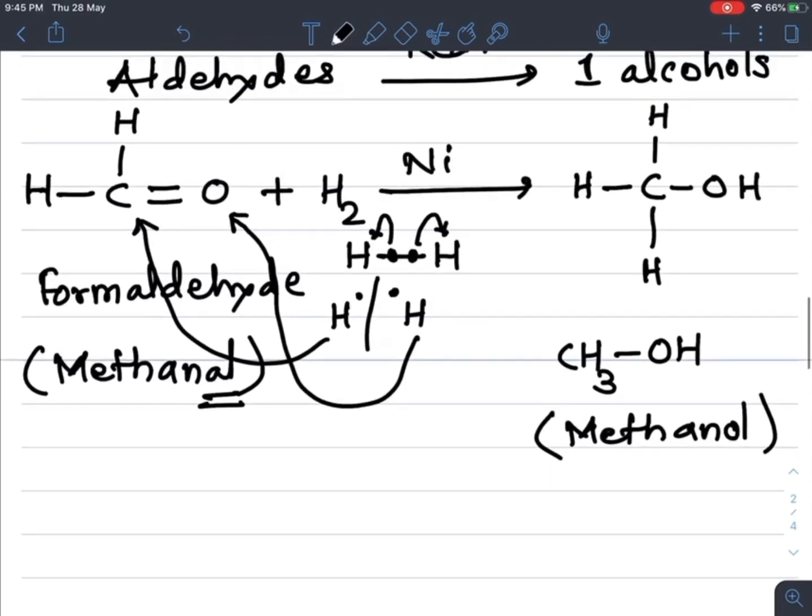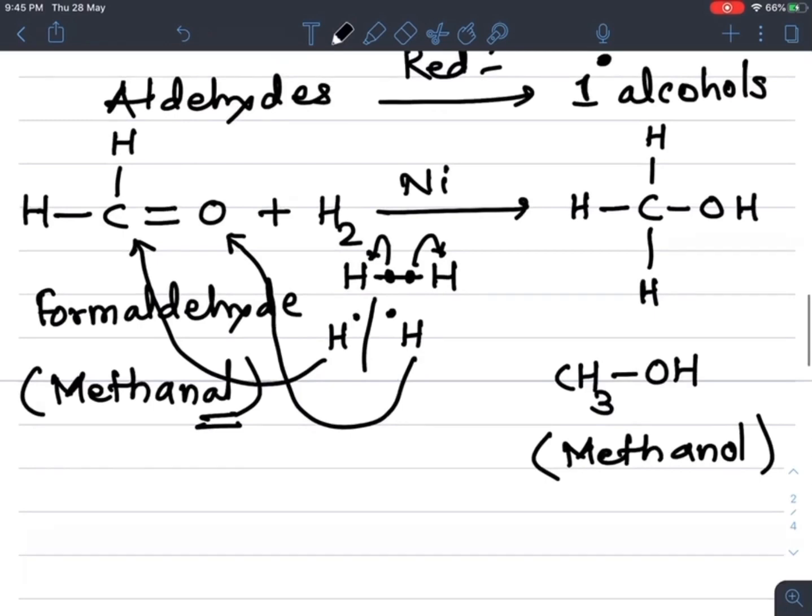How does this reaction take place? Many times this question is asked: when an aldehyde undergoes reduction in the presence of finely powdered nickel, we get its corresponding alcohol. This reaction takes place by a free radical mechanism.